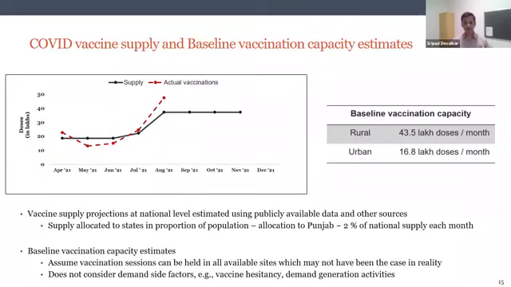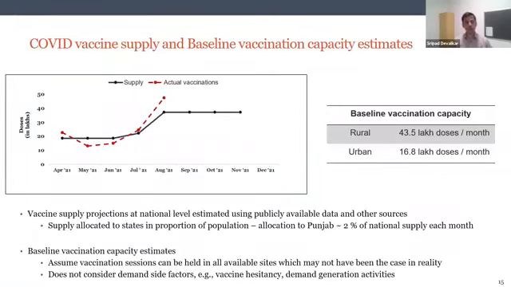The other thing that we don't model in this work is demand side factors such as vaccine hesitancy. As you have seen, there are specific pockets in the country, there are specific population groups where there is a higher degree of vaccine hesitancy, that is, uncertainty about the effect of the vaccine, and therefore less willingness to be vaccinated, which would then obviously also mean that your actual rate of vaccination would be lower.